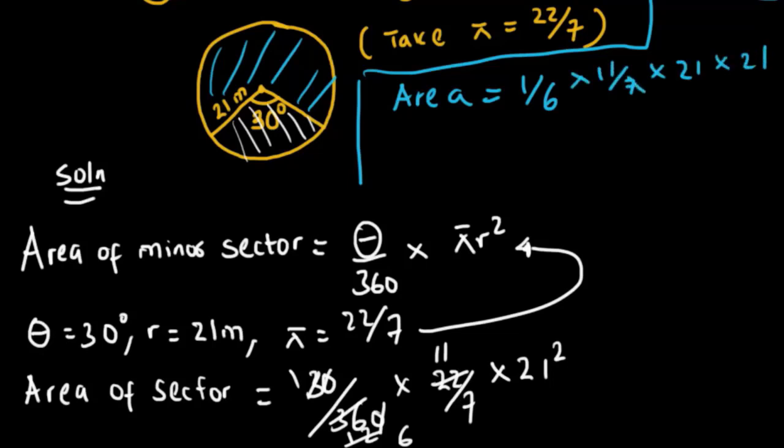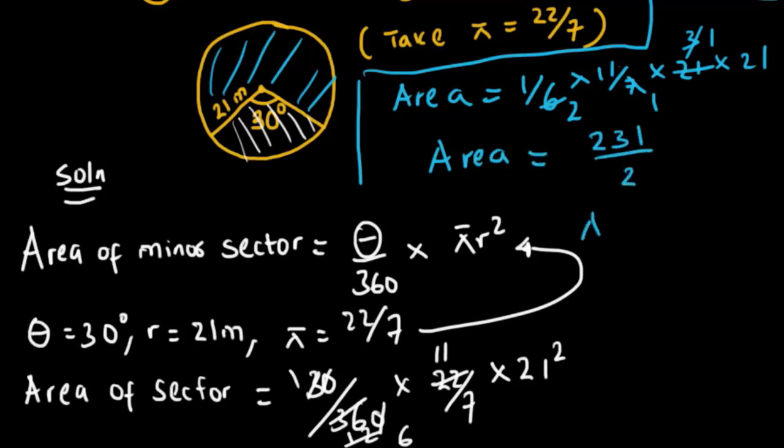So we have 7 here 1, 7 here 3, 3 here 1, 3 here 2. So we are left with 11 times 21 divided by 2. So area should be equals to 11 times 21 should give me 231 all over 2.